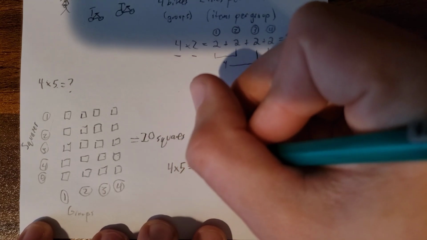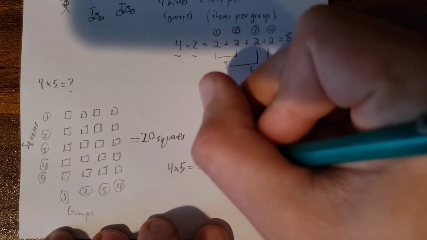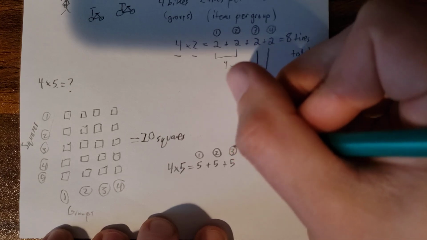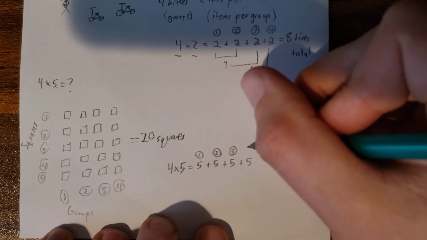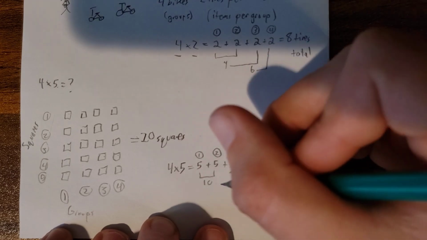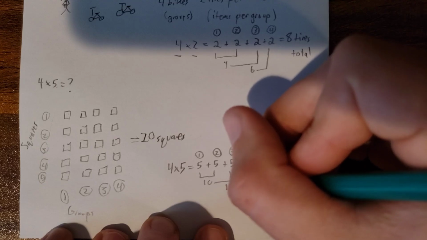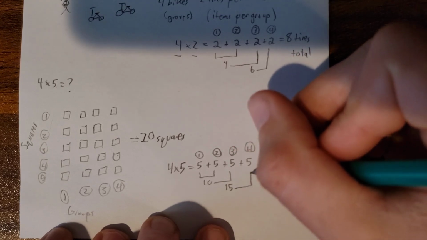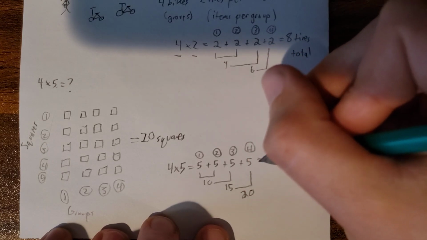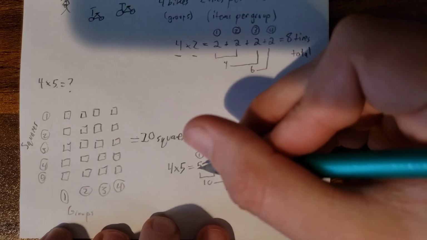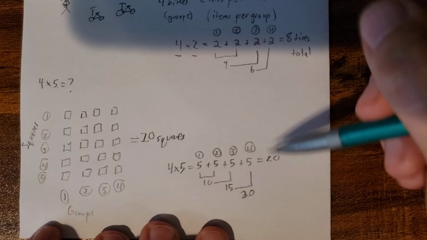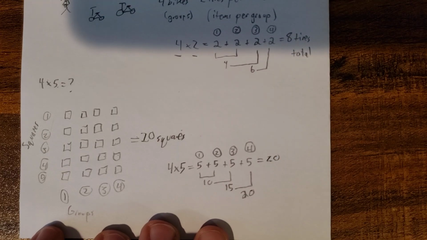So here is our first 5 plus our second 5 plus our third 5 plus our fourth 5. You could say 5 plus 5 is 10. 10 plus 5 is 15. 15 plus 5 is 20. So you can write 4 times 5 equals 5 plus 5 plus 5 plus 5 equals 20. And you can see here that those two are the same.